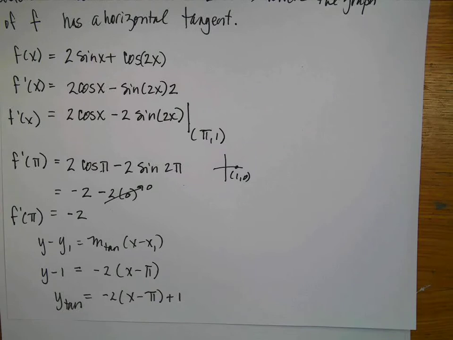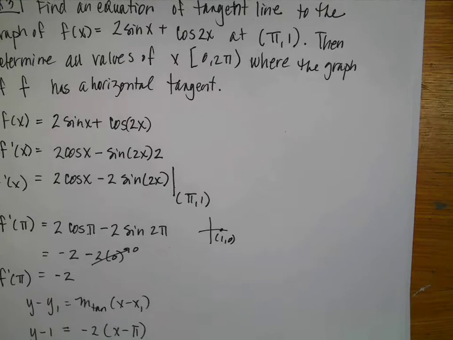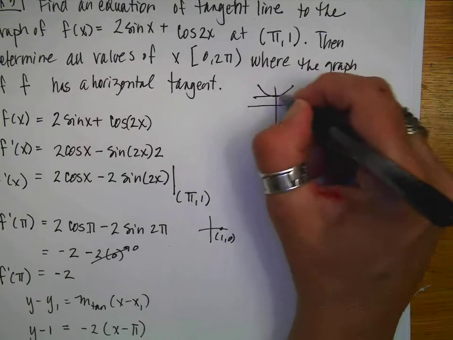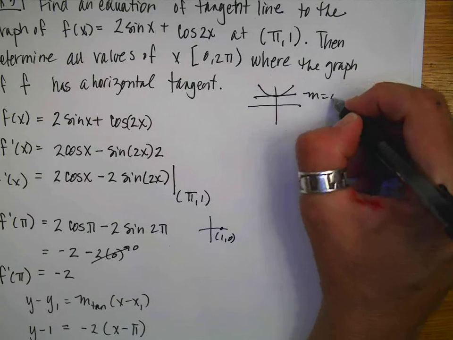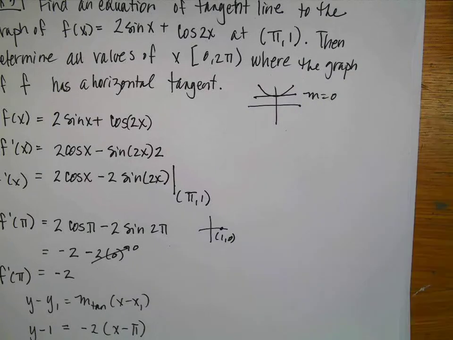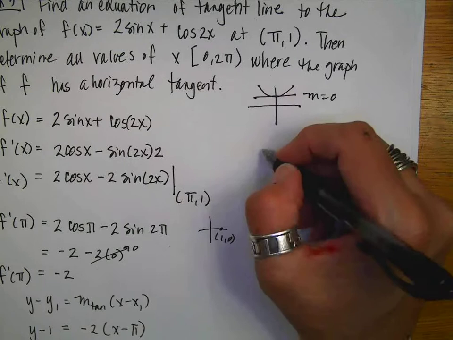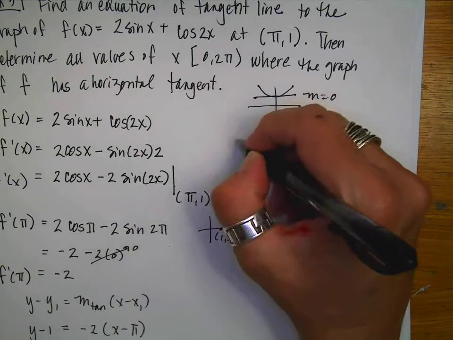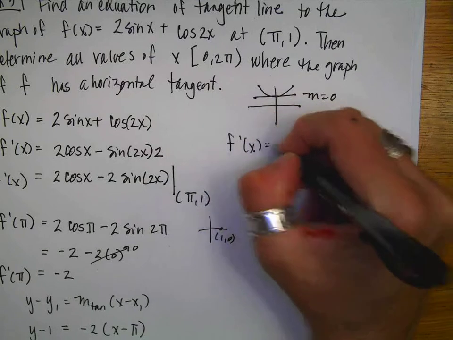Okay? All right. The second part of the problem said, determine all values of x where the graph has a horizontal tangent. So remember, a horizontal tangent means the slope is going to equal 0. So I'm going to take my derivative, which was right here.